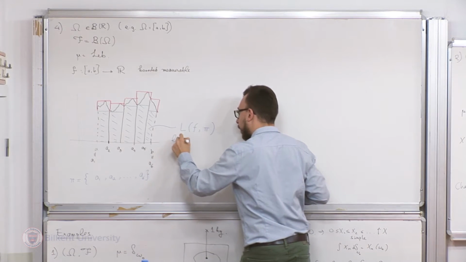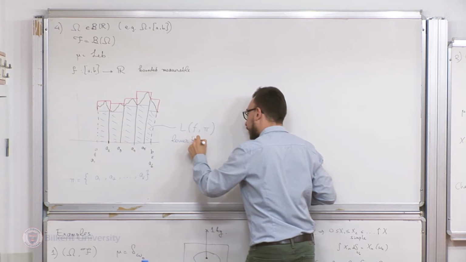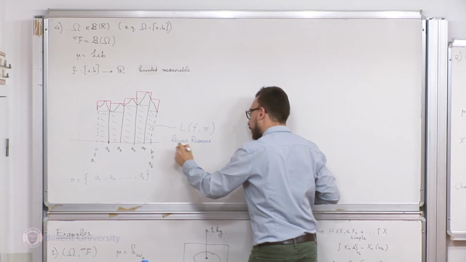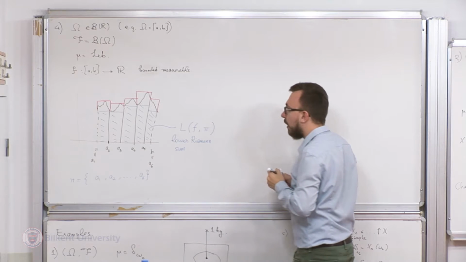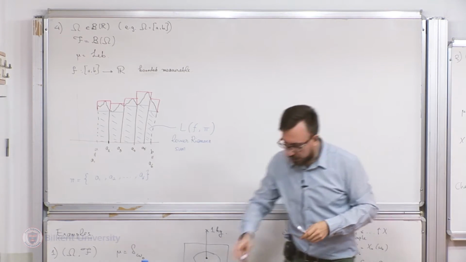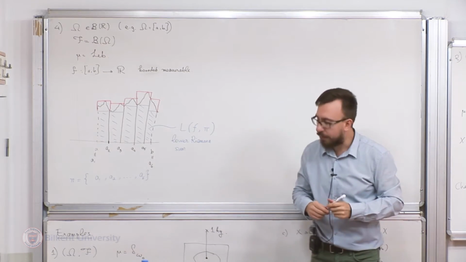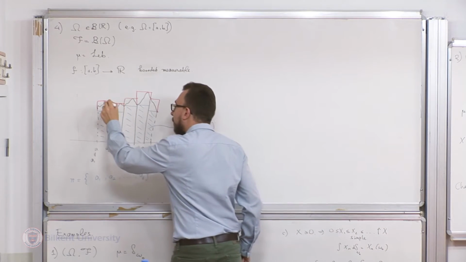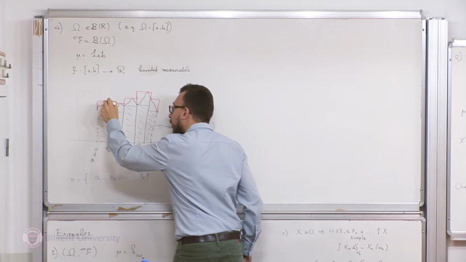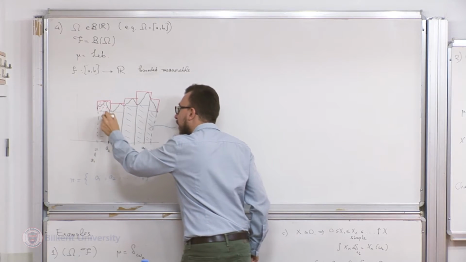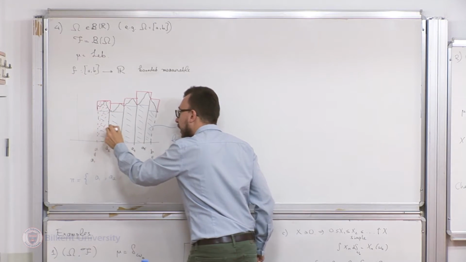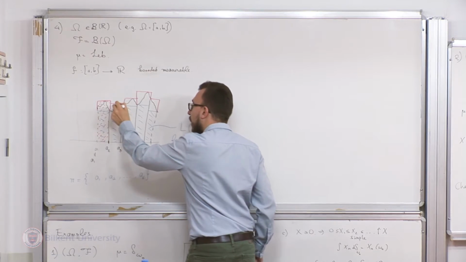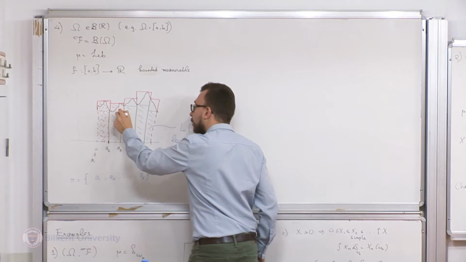Lower Riemann sum. I'm not going to write it in the full formal way, but you can also calculate upper Riemann sums if you also calculate the areas of the rectangles using the maximum values.